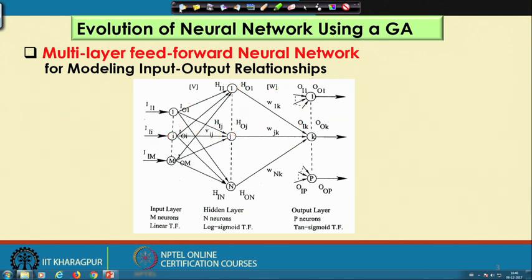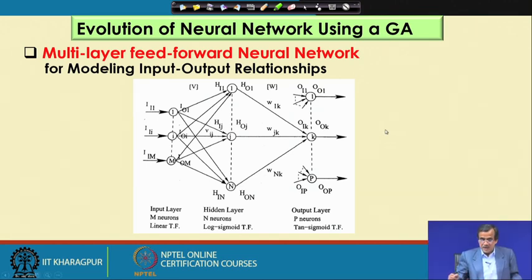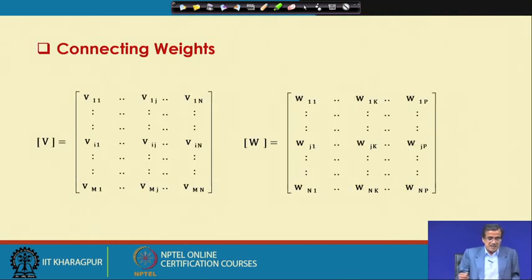Now, let us try to explain in much more detail the principle of this particular network. That means, for one set of inputs, how to reach the output layer and how to get the output. Now, here as I told, the connecting weights, that is V, is denoted by this particular matrix.